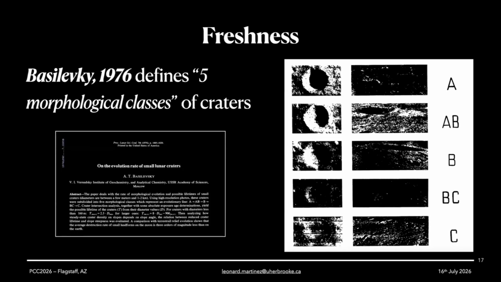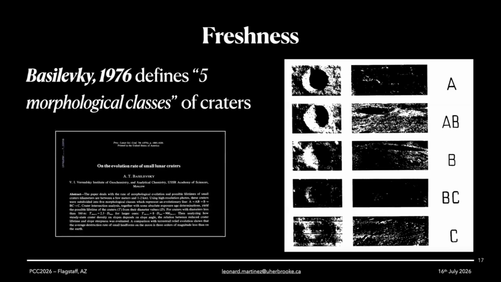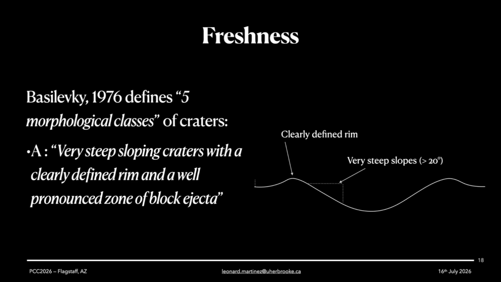And in the end, the freshness. We started from the Basilevsky 1976 paper, which defined five morphological crater classes. It basically classes craters by degradation rate. The A class encompasses craters with a clearly defined rim and very steep slopes.